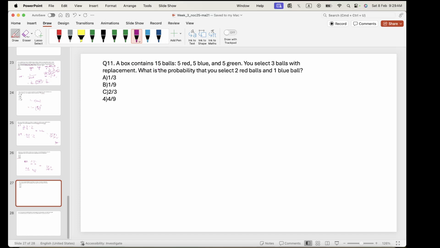A box contains 15 balls, 5 red, 5 blue, 5 green. You select 3 balls with replacement. What is the probability you select 2 red balls and 1 blue ball? 15 balls with replacement, so 15, 15, 15. 2 red balls and 1 blue ball. So I could have red, red, blue; red, blue, red; blue, red, red; all sorts of combinations.